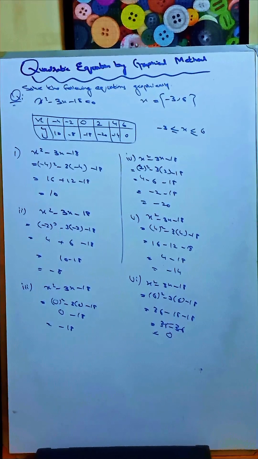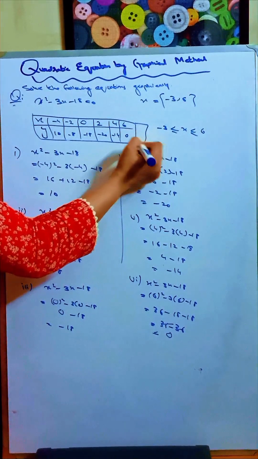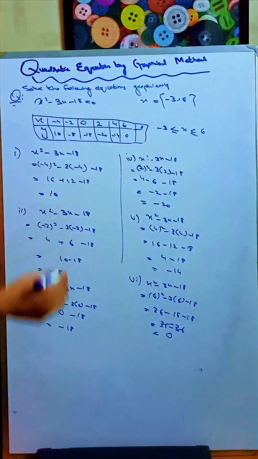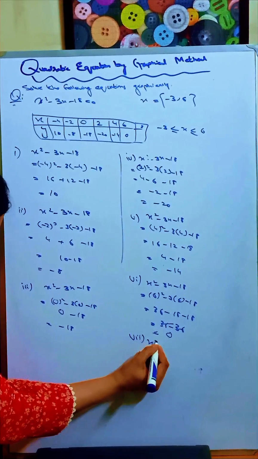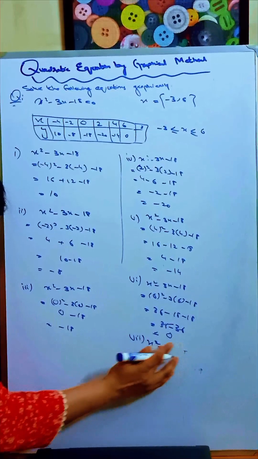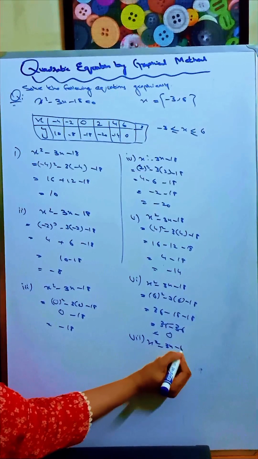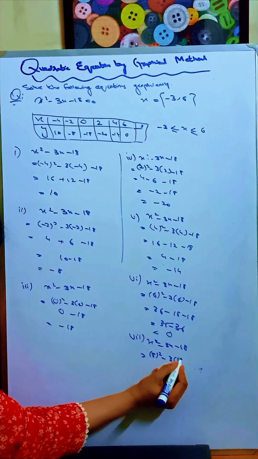Now you can also show one more step for convenience. x is 8. x squared minus 3x minus 18. x is 8: 8 squared minus 3 times 8 minus 18.